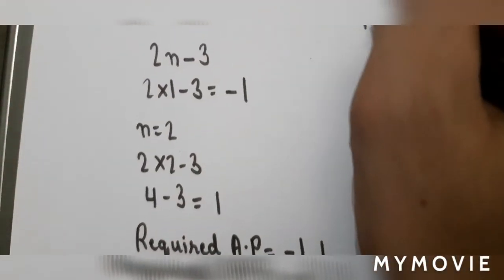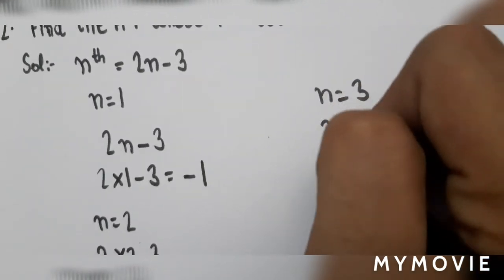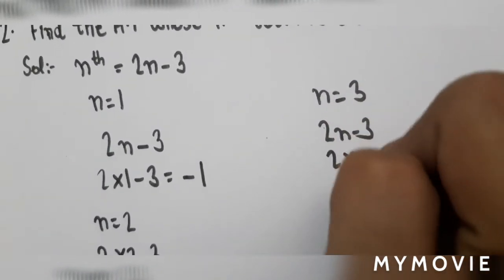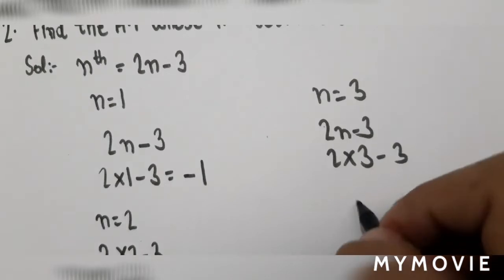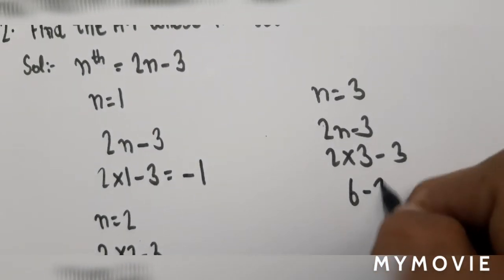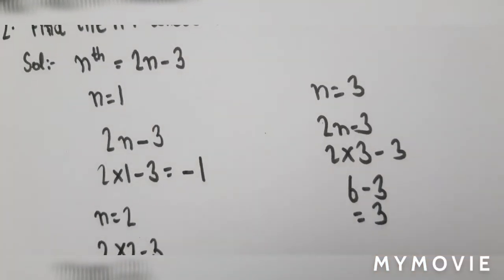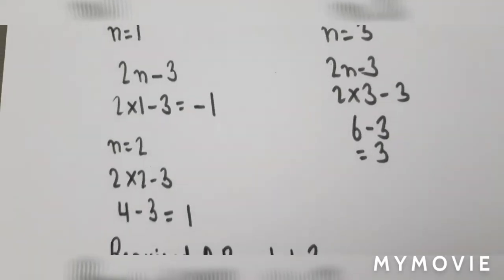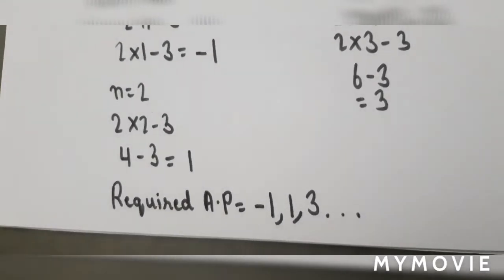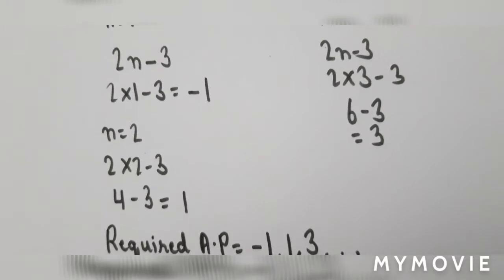Let's take one more, n is equal to 3. So 2n minus 3, 2 into 3 minus 3. So this is our required AP. So let's move on to our third question.